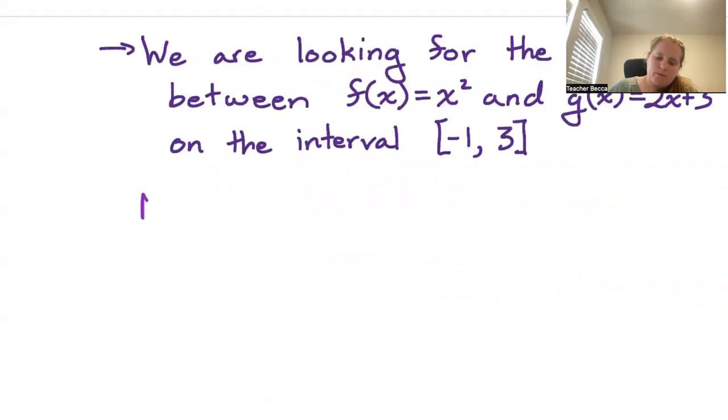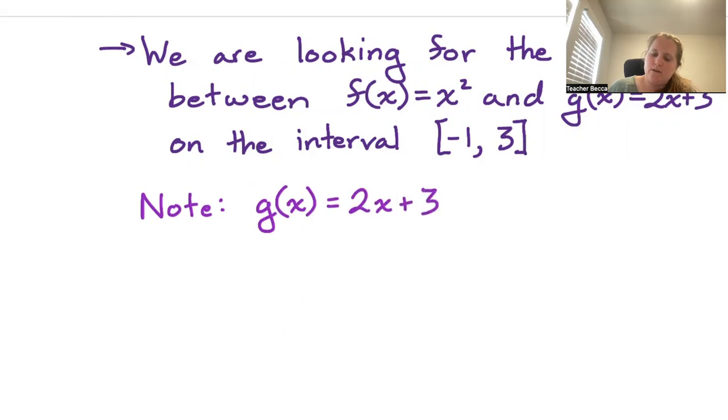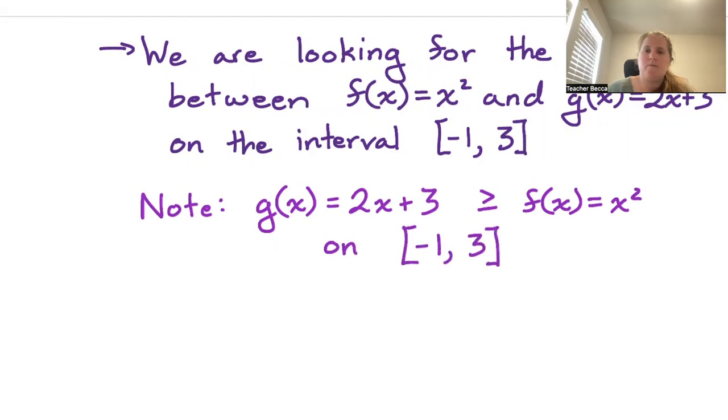So note g of x equaling 2x plus 3 is greater than or equal to f of x equaling x squared on this interval of interest from -1 to 3.